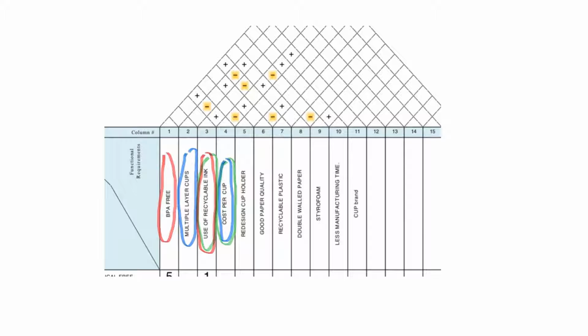It doesn't mean that it has a negative impact, but good paper quality can be recycled in a better way. And we have units in entire Canada, probably more than 30 units, which do recycling for our Tim Hortons cup.